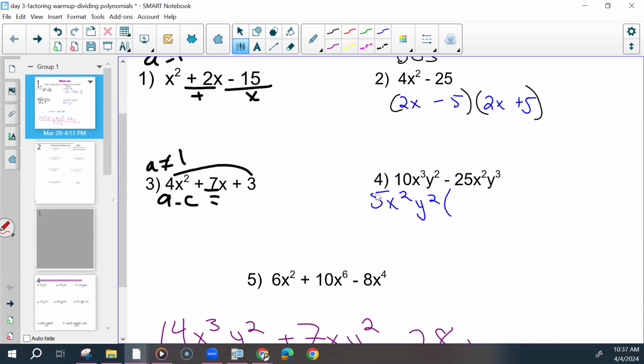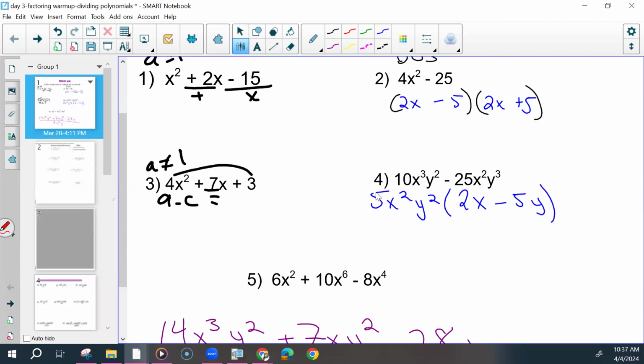If we divided that out, we're left with the inside, which is prime, and then there's nothing else left to do.